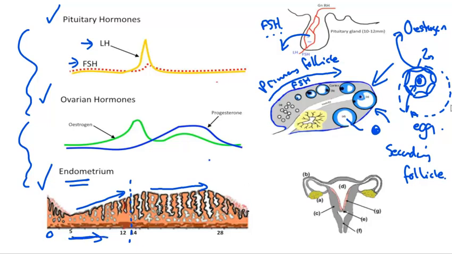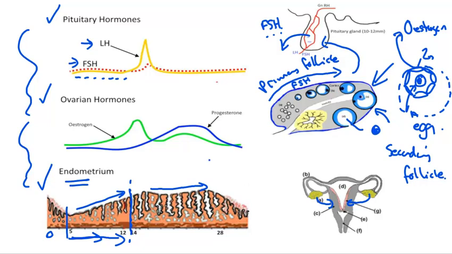One is to bring about the development of the lining of the uterus during the first phase of the cycle, so that the endometrium will become thicker and thicker under the influence of estrogen itself. The second thing that estrogen does is that it actually has a negative feedback influence on FSH, maintaining the levels of FSH relatively low.